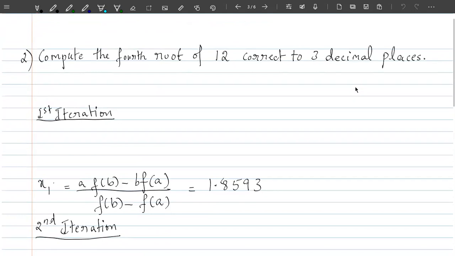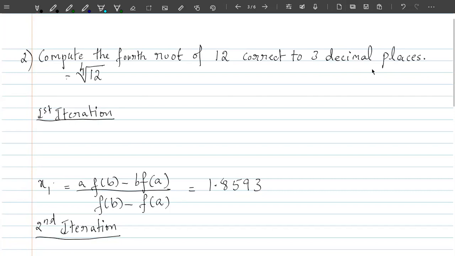Let's solve the next problem, that is compute the fourth root of 12 correct to 3 decimal places. So now here, what you have to calculate is fourth root of 12. So the term which is unknown to you is this one, fourth root of 12.